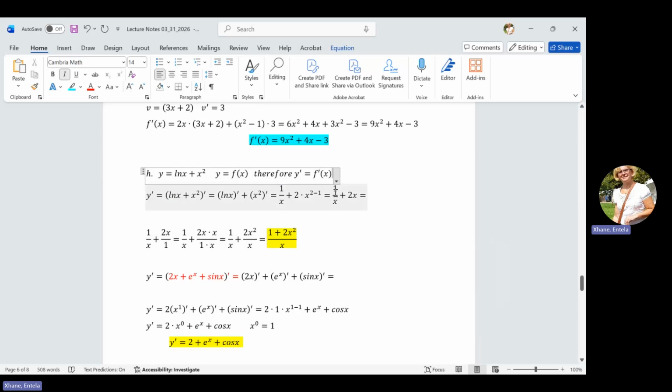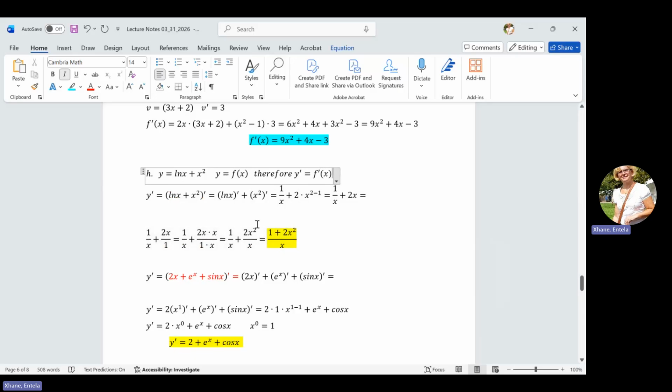If you want to merge those two elements, and sometimes this is required, so you have to pay attention to the directions. You have to put 2x over 1 in the fraction form and find the least common denominator, which in this case is x. So that means the first fraction, 1 over x, stays as it is. This one is not calculus 1. This goes back to your algebra skills. So the first one stays as 1 over x. The second one must be multiplied, the top and bottom, by x.